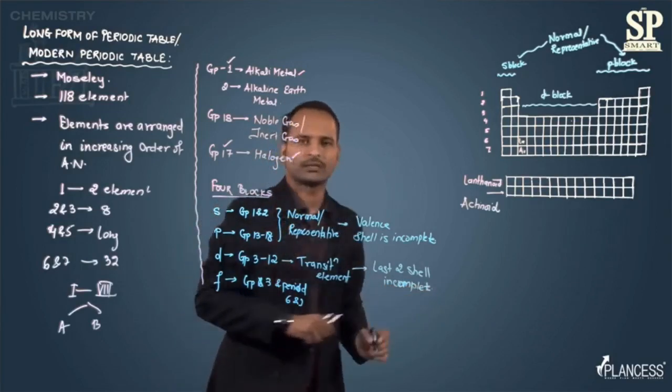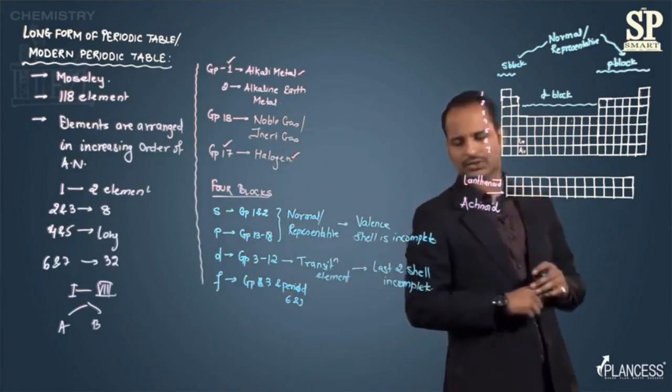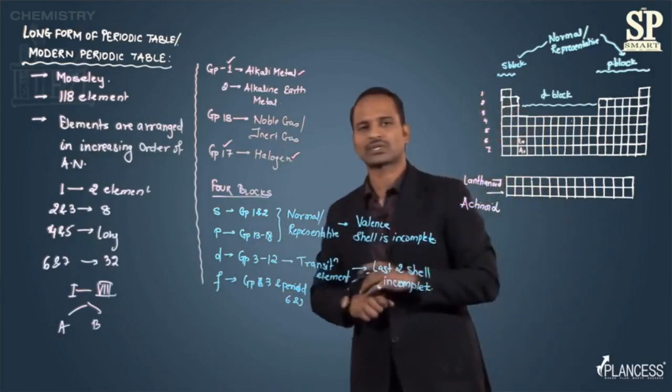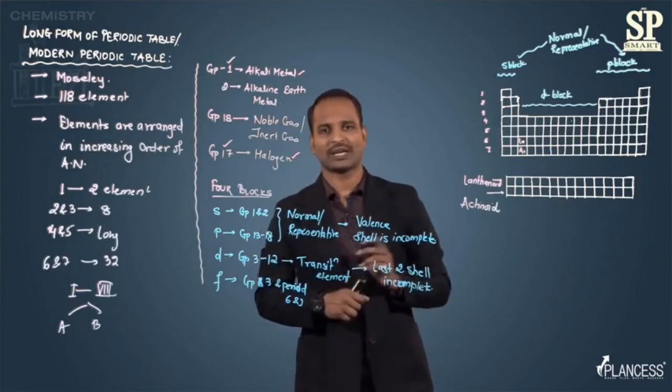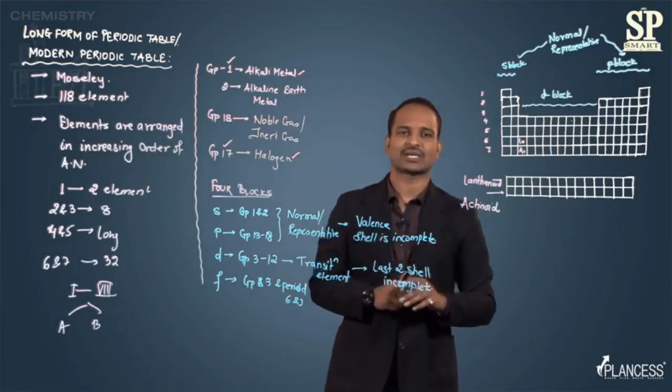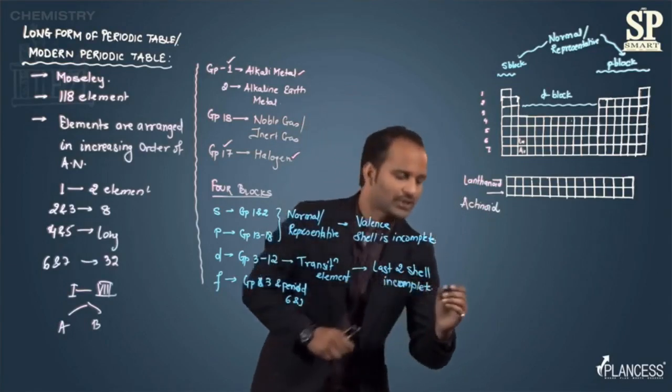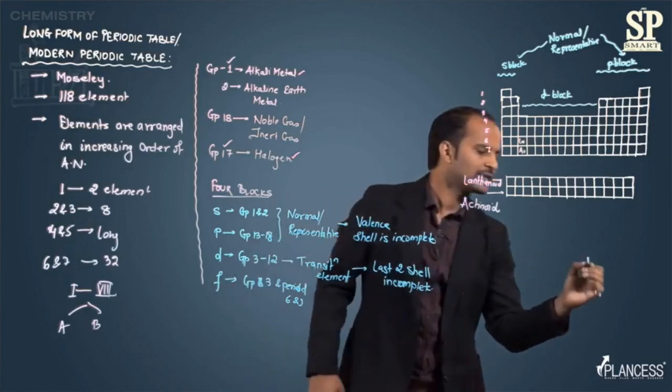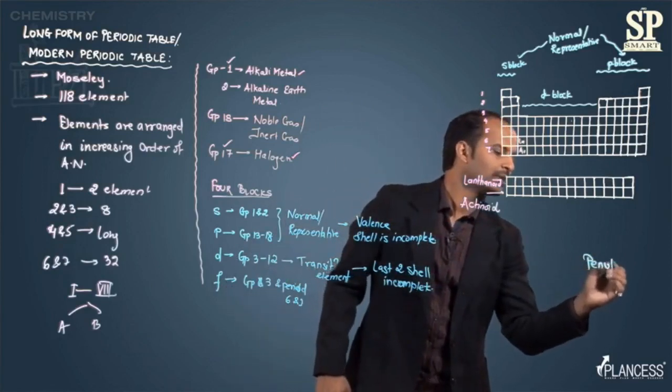The last two shells are the outermost shell and the second last shell. The outermost shell is called the valence shell, while the second last shell is called the penultimate shell.